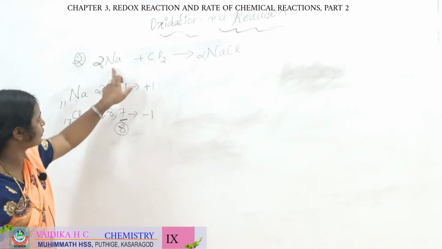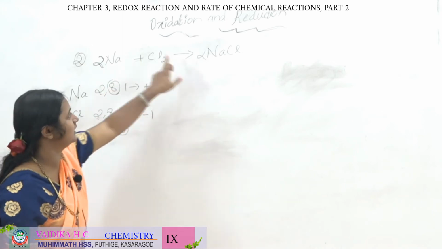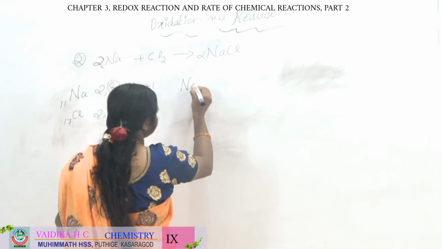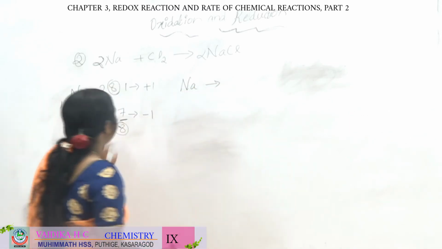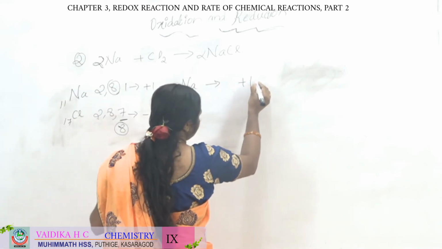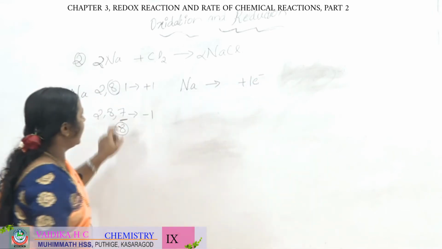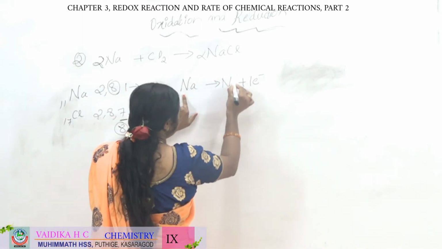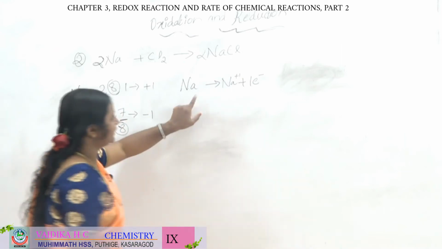Let us write the oxidation and reduction reactions in this equation. So sodium loses 1 electron, so +1 electron, and sodium will form sodium +1, right?